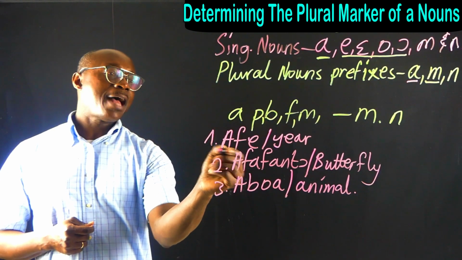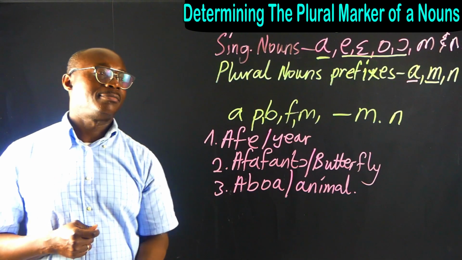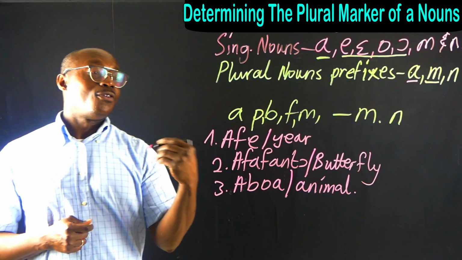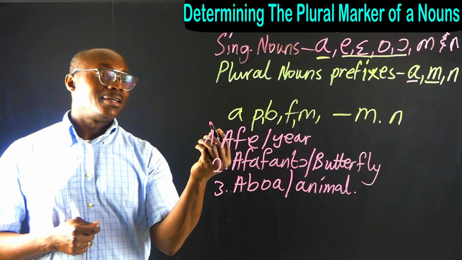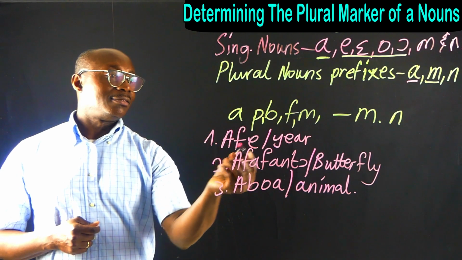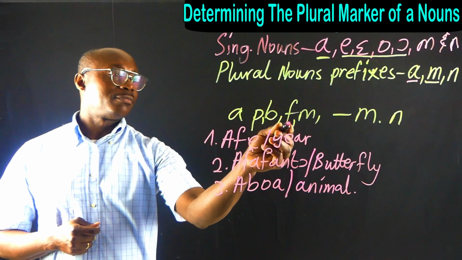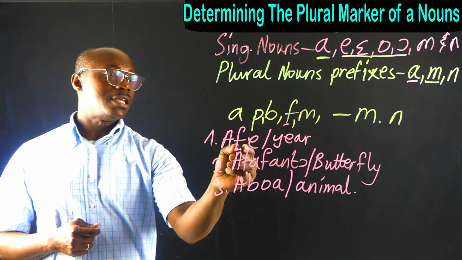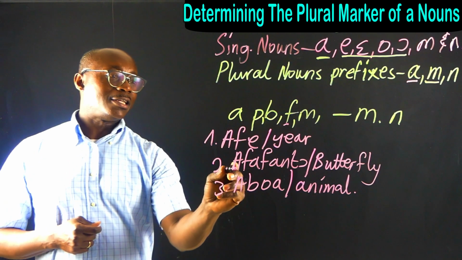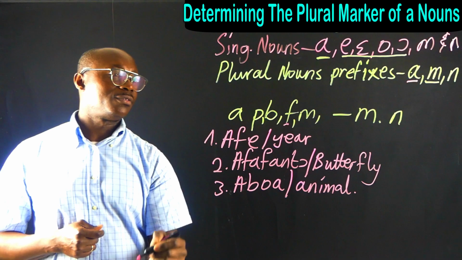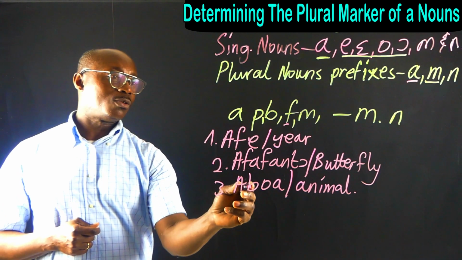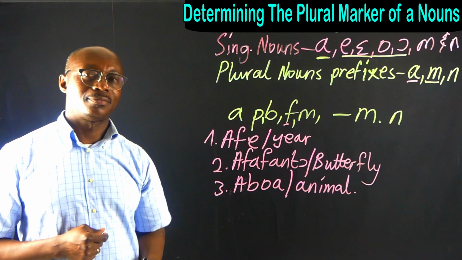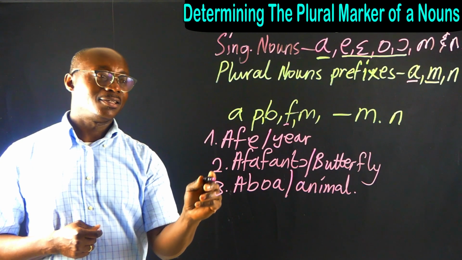The prefix a, followed by the consonant. Here you see f, this one, F is here. And this one too has F, but this one has what? B. You see that? Good.